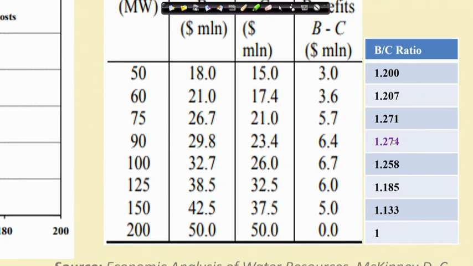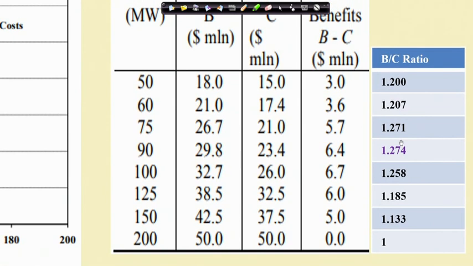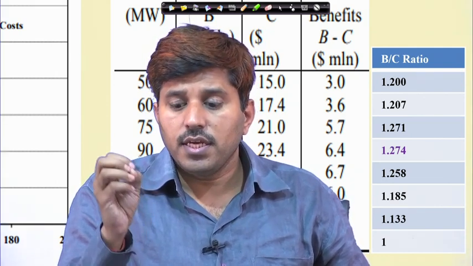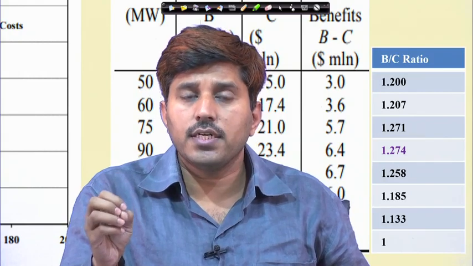The highest benefit cost ratio is actually for the 90 megawatt. Okay. So the benefits onto the unit investment is highest for 90 megawatt.